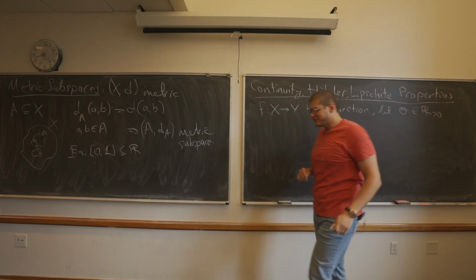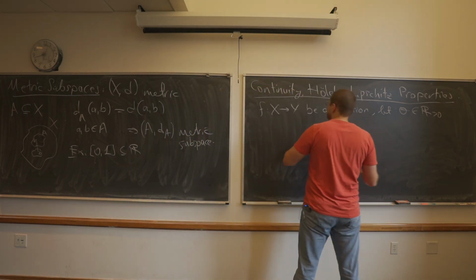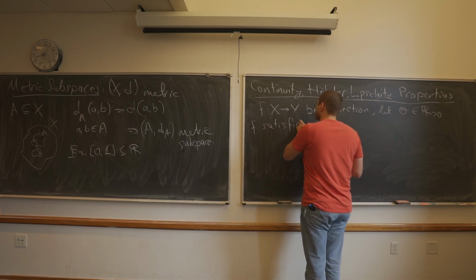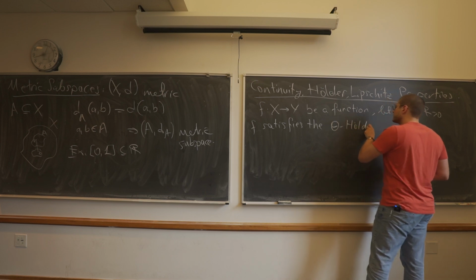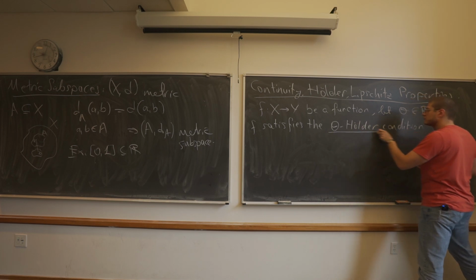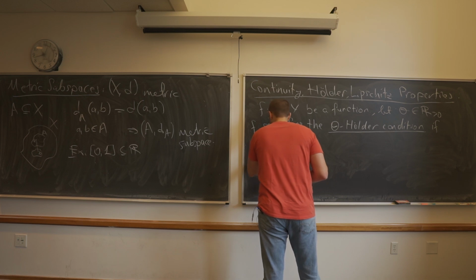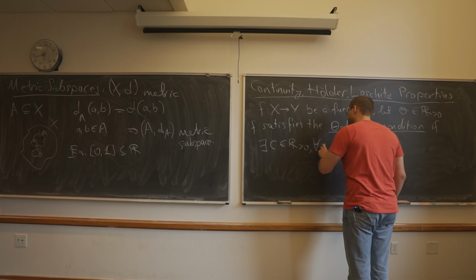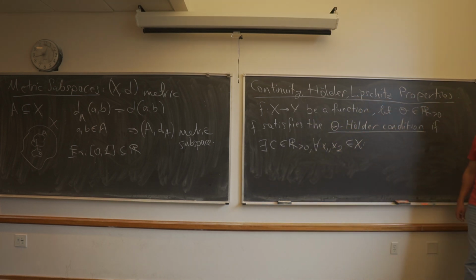Then f is said to satisfy the theta-Hölder property, or it satisfies the theta-Hölder condition, if there is a number C, positive, such that for any 2 points, x1 and x2 in capital X, I have the following inequality.